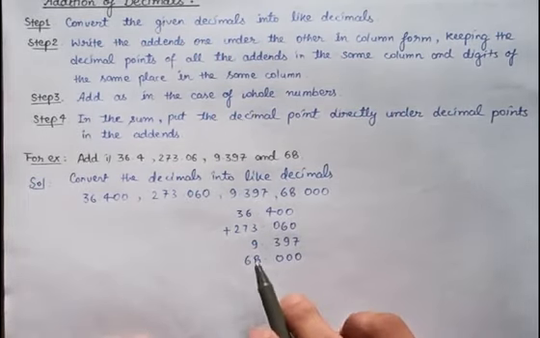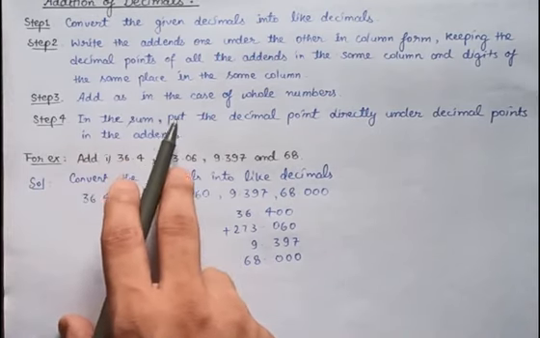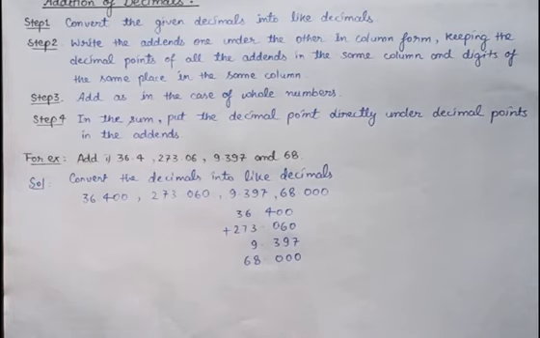Okay, so our step 2 is completed. Now in step 3 we have to add these numbers as we do the addition of whole numbers. So let us add these decimals.